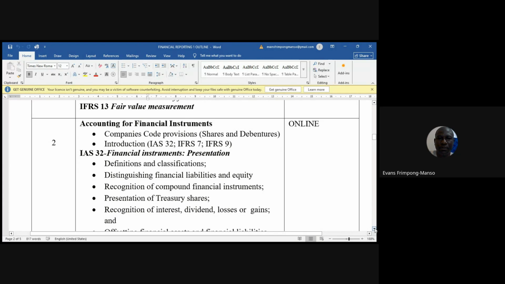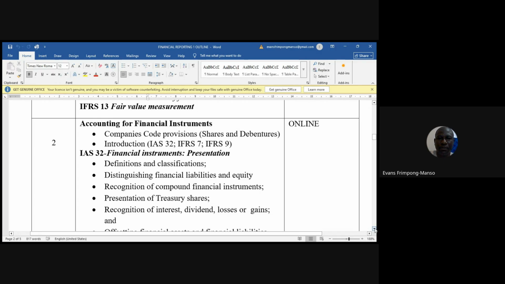At our next meeting, we will look at various accounting standards. We will look at financial instruments, which comprise 3 different standards: IAS 32, IFRS 7, and IFRS number 9.